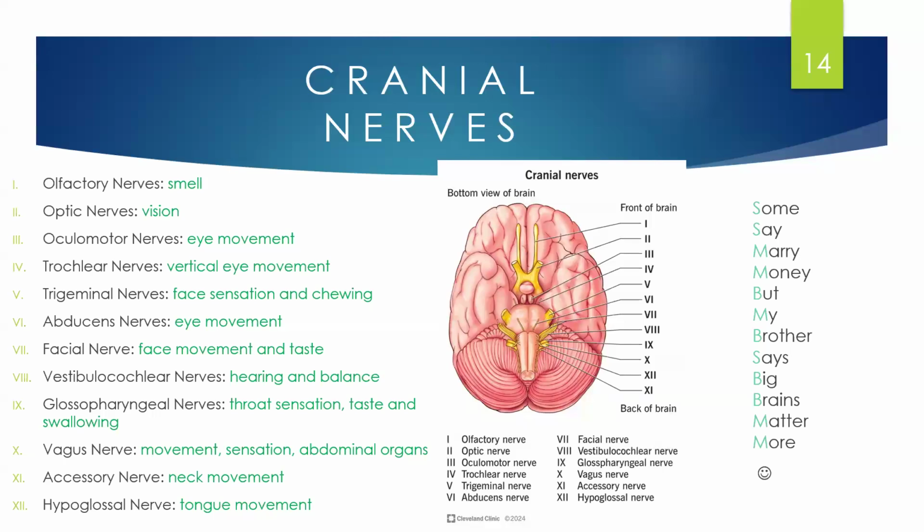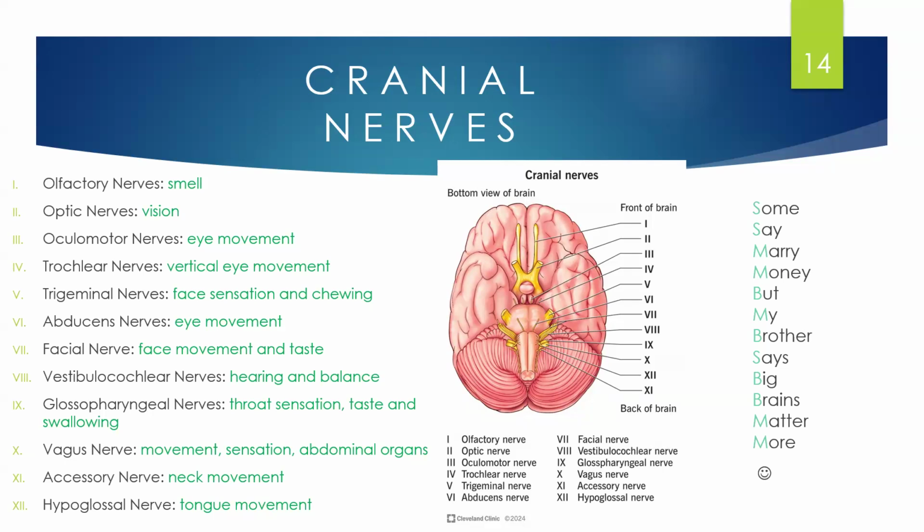And then let's go through the cranial nerves and their function. So olfactory, smell, again, that's up here. The optic nerve, vision. 3, oculomotor, let's follow it down, that is eye movement. Trochlear, number 4, vertical eye movement.